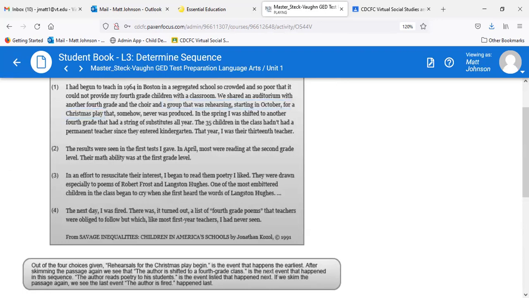After skimming the passage again, we see that the author is shifted to a 4th grade class is the next event that happened in this sequence. The author reads poetry to his students is the event listed that happened next. If we skim the passage again, we see that the last event, the author is fired, happened last.